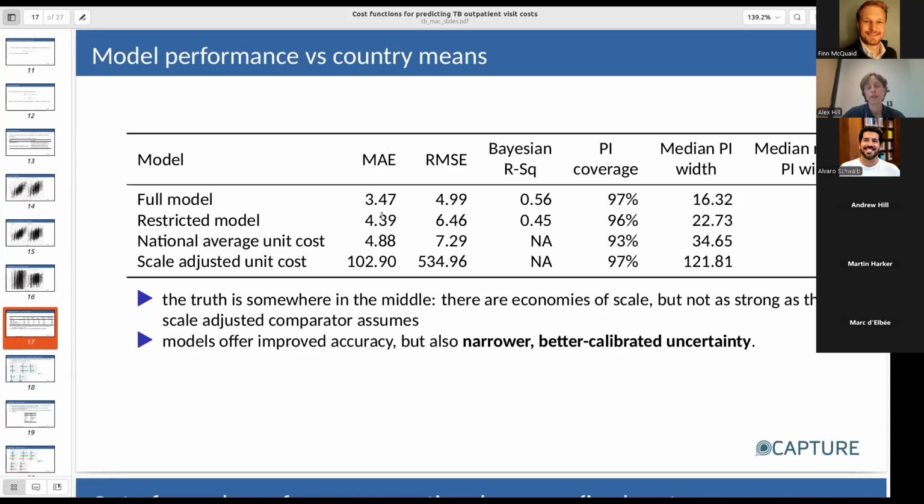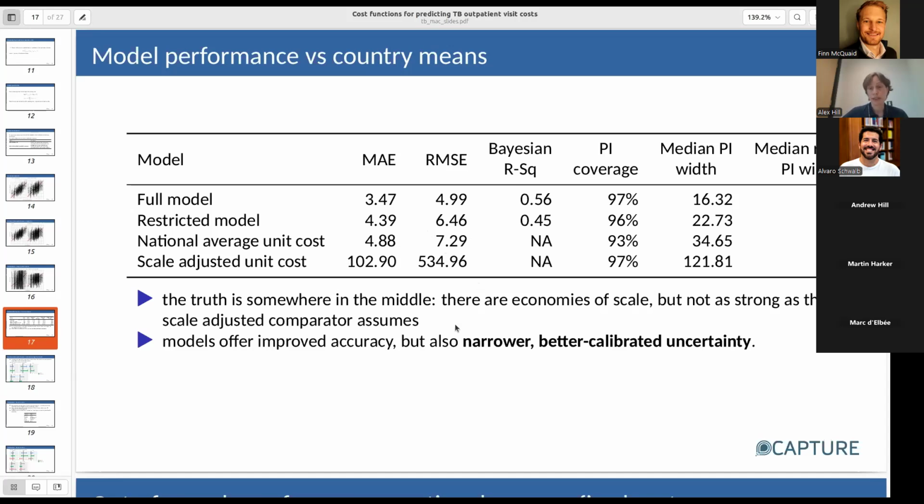It's not so different from the restricted model, although when you look at root mean squared error, it's a little worse. So that means there are some larger outliers here. And if you look at the scale adjusted unit cost, it does very poorly. You can see very, very large errors.